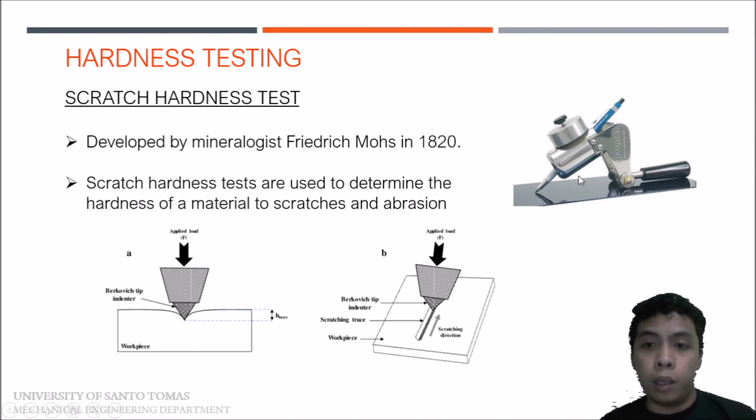So you have a sharp edge, then you apply a load, wherein you give a scratch or abrasion to the metal piece. Like I mentioned earlier, Friedrich Mohs also developed the Mohs scale, wherein talc is the softest material with a value of 1, and diamond is the hardest material with a value of 10.